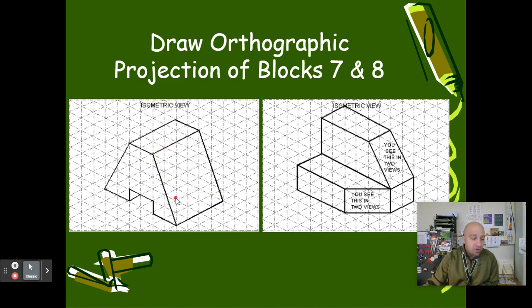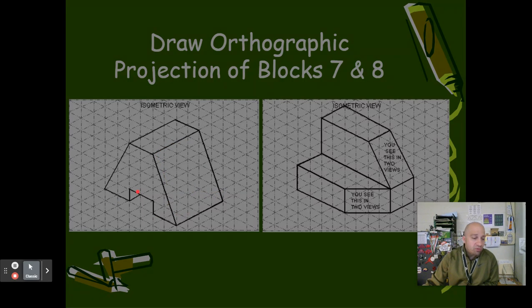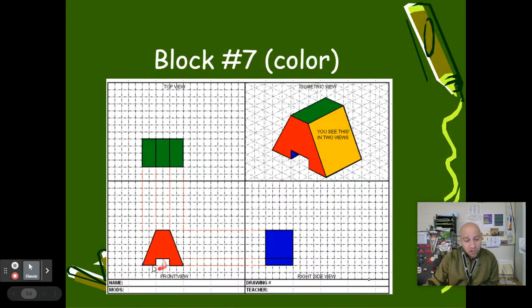Okay, so let's take a look at what that's going to look like when we draw it out. So when we look at this shape, everything is color-coded on this so you can see easily. The red is going to be your front view. Okay, so if I were standing here where the laser is, all I would see is the red.